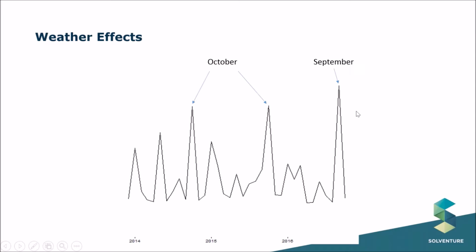If you look at more detail in the data, we notice that these peaks are in October, and this peak is in September. And if you look into more detail, you kind of feel that this is the effect we talked about, that when it starts getting cold, we have a first peak. So that's what we are trying to explain using weather information.